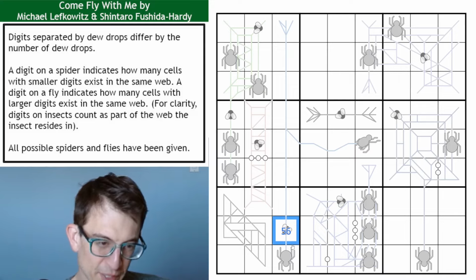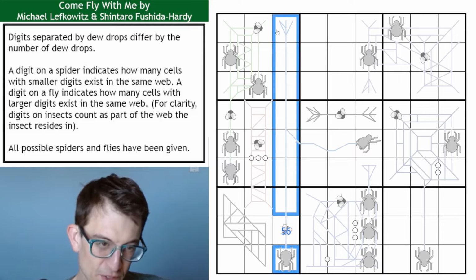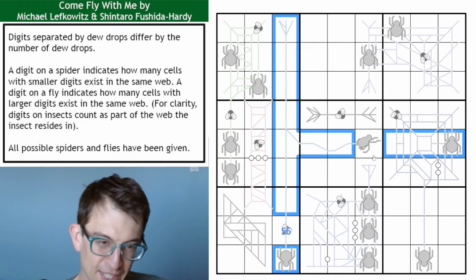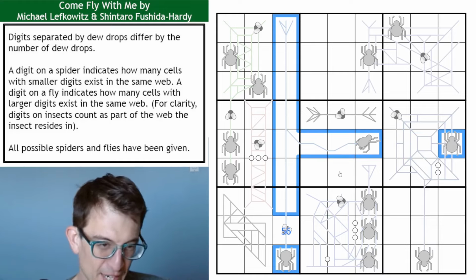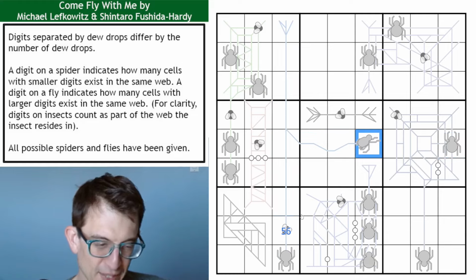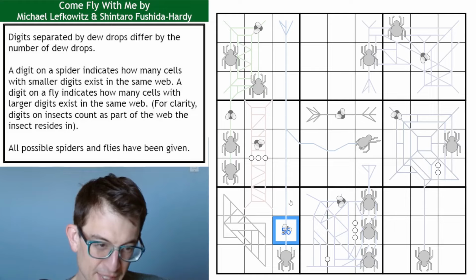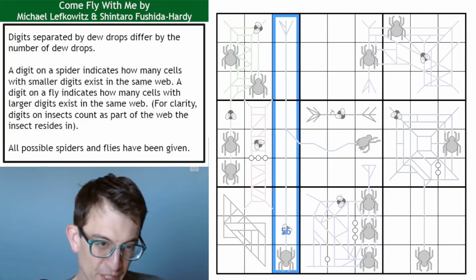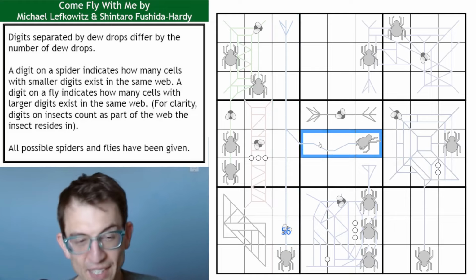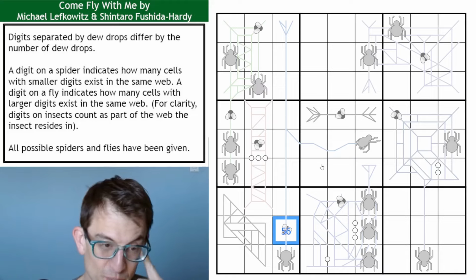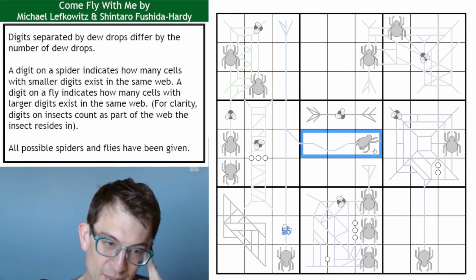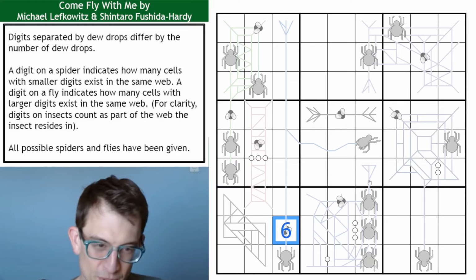I think not, because 7 could see 2 digits higher than it here. In theory, 3 digits higher than it here, although that's not really going to work with the spider, I think. So it can't be 7. Does 6 even work? 6 sees 3 digits lower than itself here. And I guess I could, so if this is 6, this is 7, 8, 9. Is that possible?